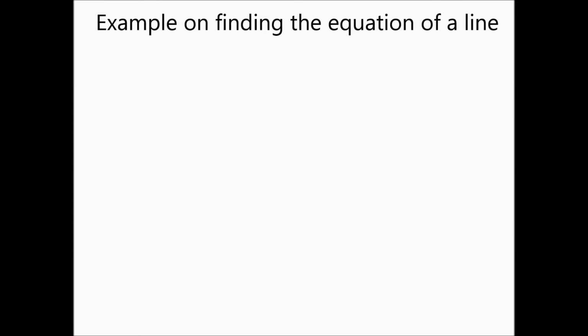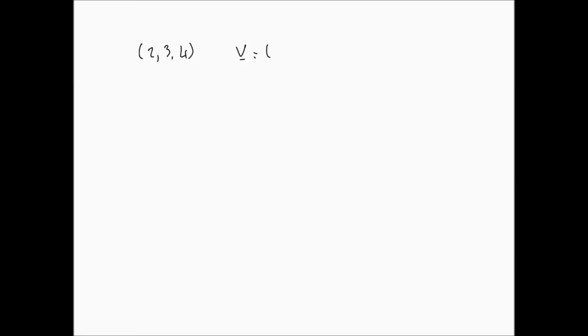Say we want to find the equation of a line through the point 2, 3, 4 and parallel to the vector v, which is 1, minus 1, minus 3. This is quite easy to do. The vector equation of this line is r equal to 2, 3, 4 plus t times 1, minus 1, minus 3.